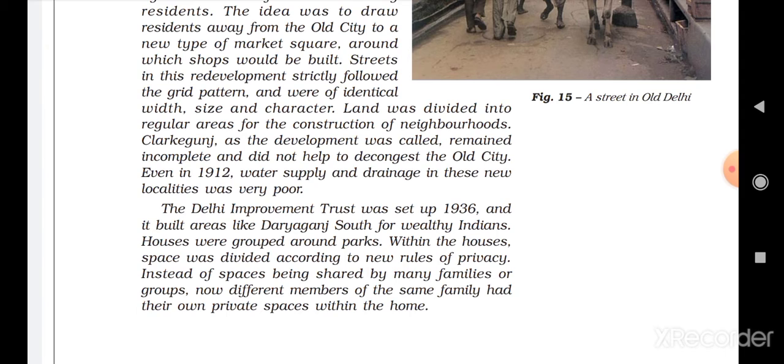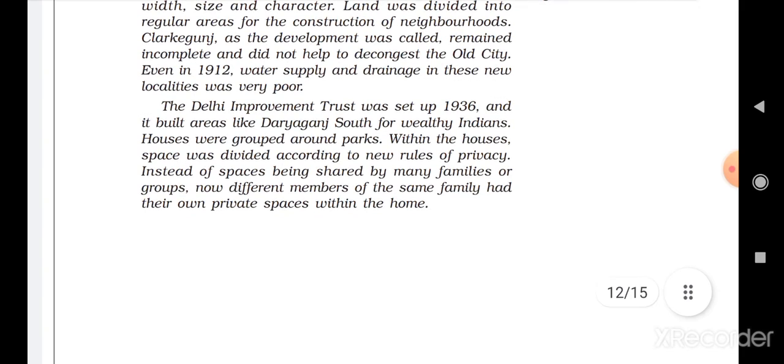Even in 1912, when the Britishers proclaimed Delhi their capital, water supply and drainage in these new localities was very poor.